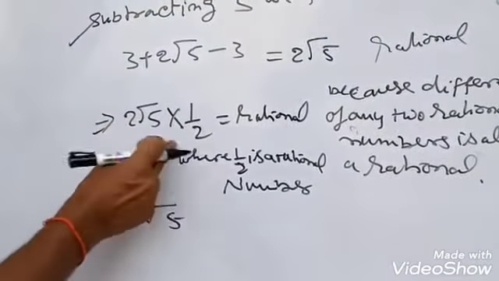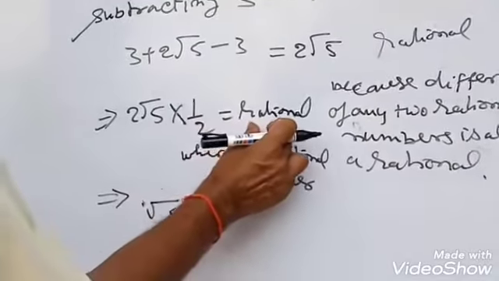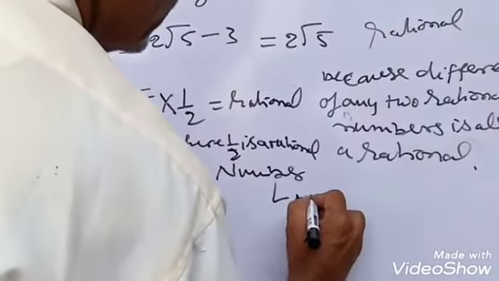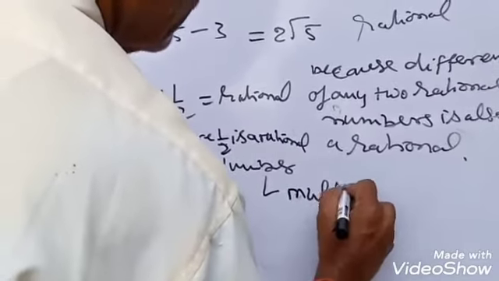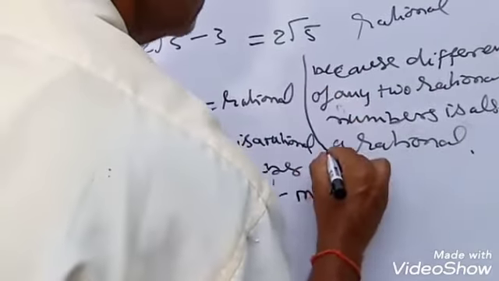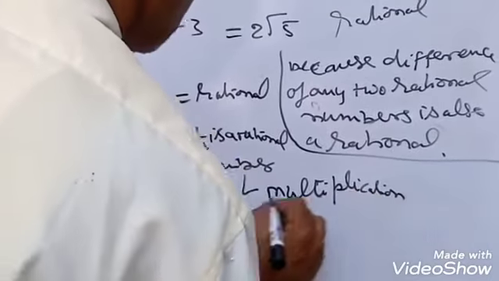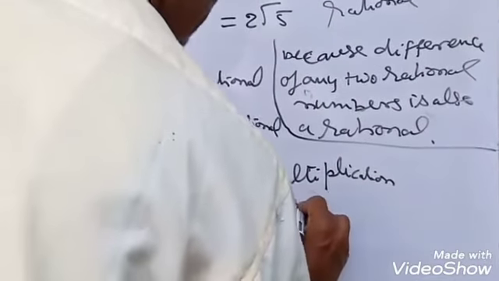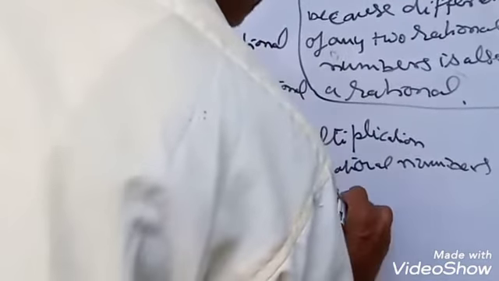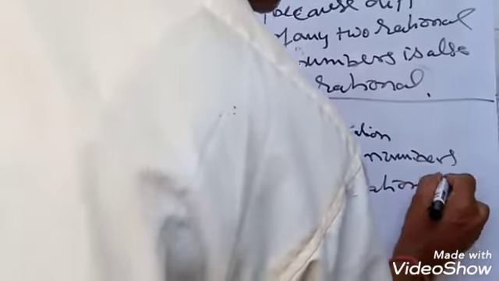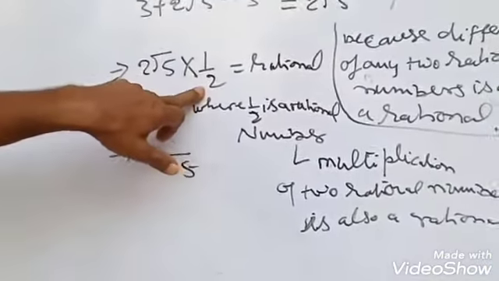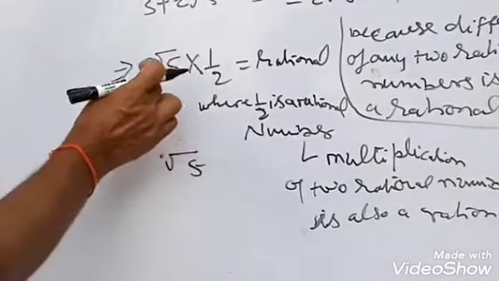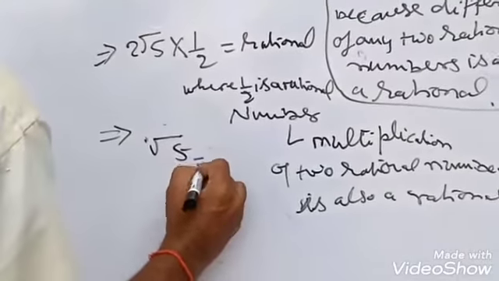When any rational number is multiplied by a rational number, the product is rational. So this is rational, and the value that comes is root 5.